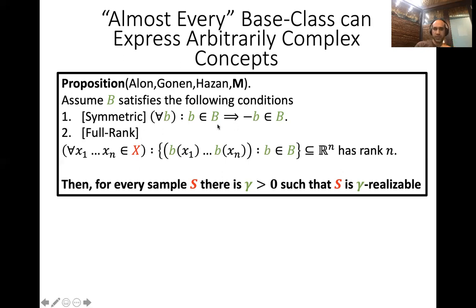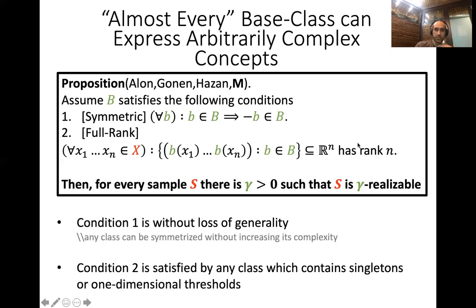Okay, so now what are these two mild conditions? The first one is symmetric. You want B to be closed under negation, and this is trivial to satisfy. The other one is full rank. For every set of points x1 up to xn, if you look at the binary vectors b of x1 up to b of xn, where b ranges over all concepts, all weak hypotheses in B, then this set of binary vectors has rank n as a real matrix.